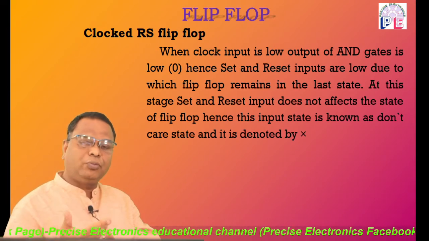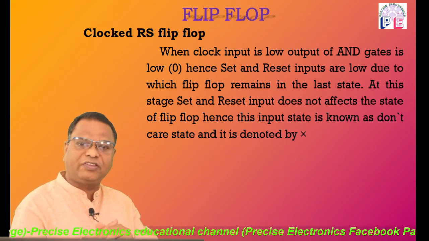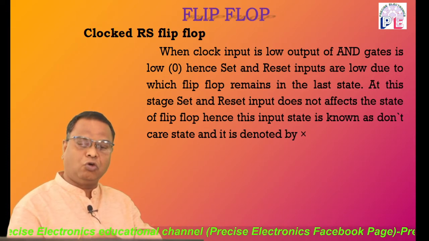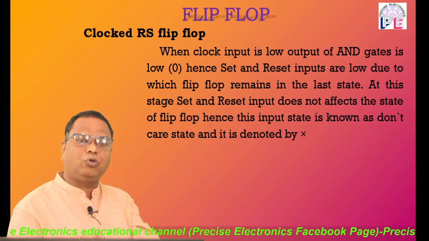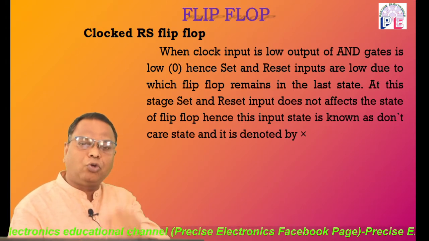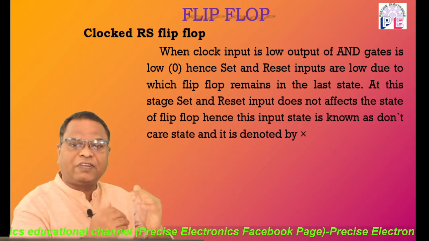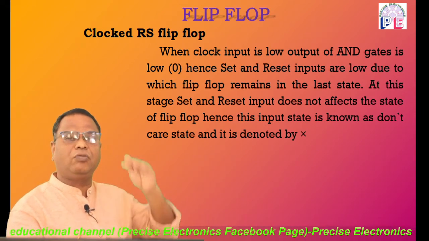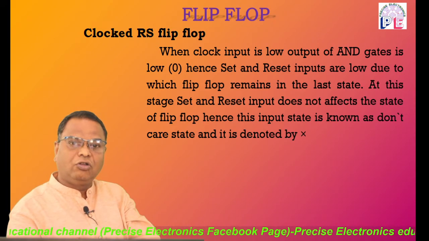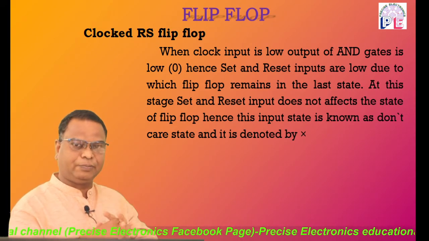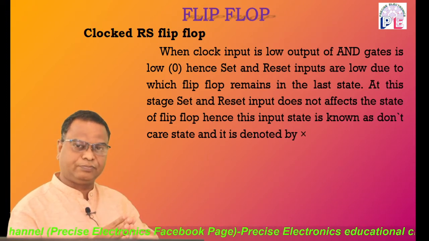So when both inputs are high, then only the output of this gate becomes high. But as the clock input is low, whatever may be the set input or reset input, the output of both these AND gates is low. That means both set and reset inputs of the RS flip-flop remain at low level. So the flip-flop remains in the last state, the previous state. That is our first condition.